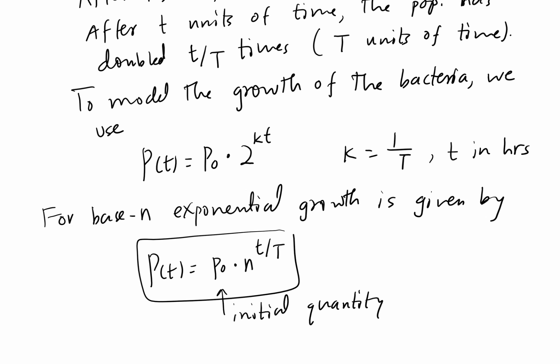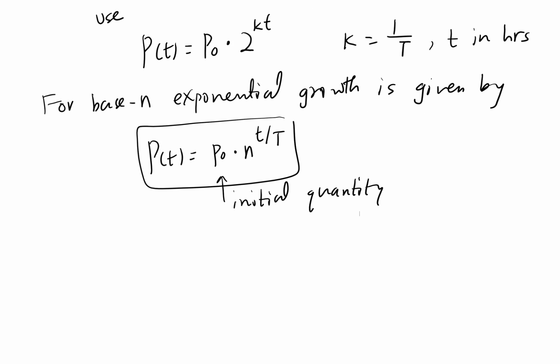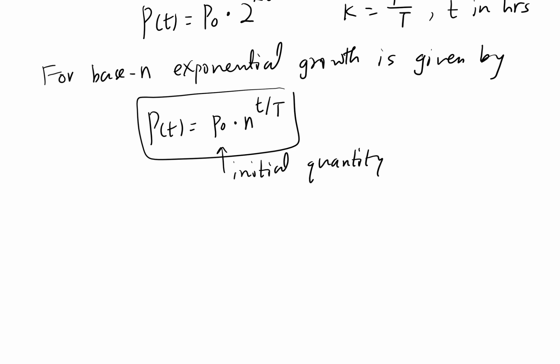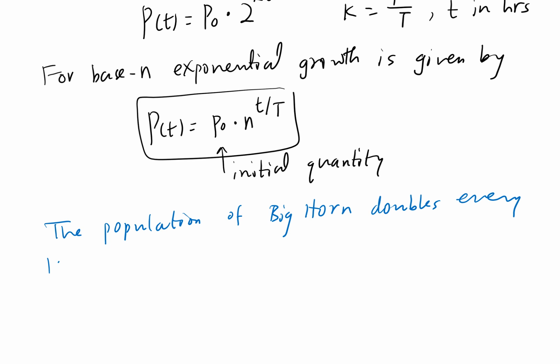We can look at an example of how to apply this. The population of bighorn sheep doubles every 18 years. Its population was 2,500.